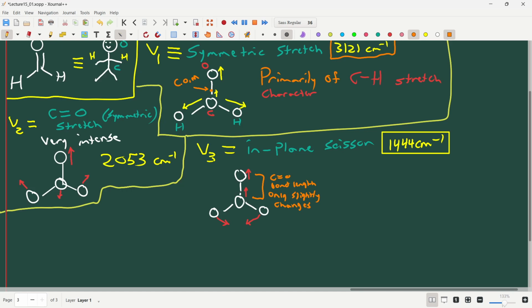Interestingly, when you look at reactions of formaldehyde, this motion is actually what largely determines most of the trajectories and reactions of formaldehyde, because this pulls the oxygen away and kind of weakens those carbon-hydrogen bonds and pulls them away. And if you imagine that you pull them hard enough, they're just going to come flying off.